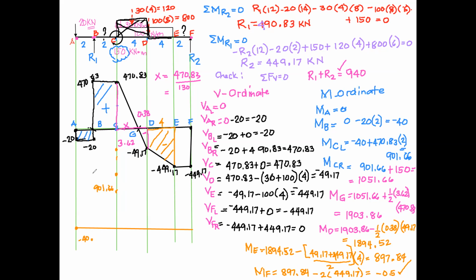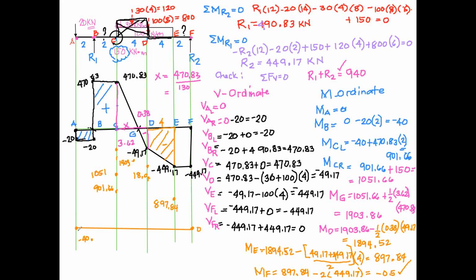Tapos 1051. And 1903.86 sa G. 1903 is the highest. Tapos 18 na lang, 897.84, and then almost 0.